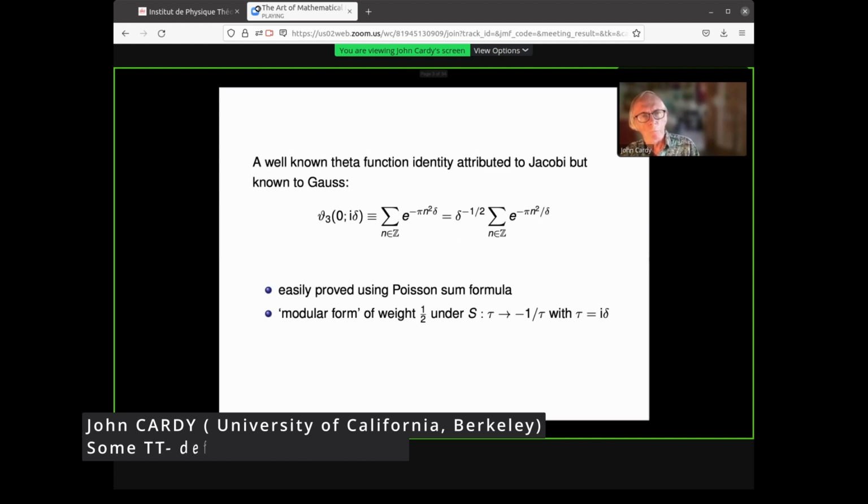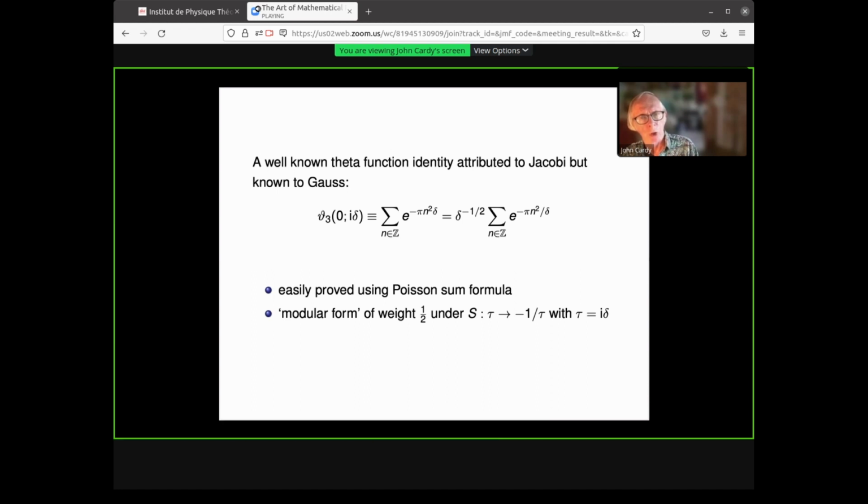So just to give you a flavor of what I'm talking about, there's this well-known identity for the Jacobi theta function evaluated at 0. And I think everybody has seen an identity like this, which of course comes up in the solution of the one-dimensional heat equation. And everybody knows how to prove this using the Poisson sum formula.